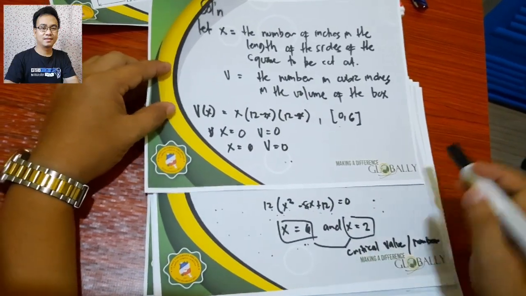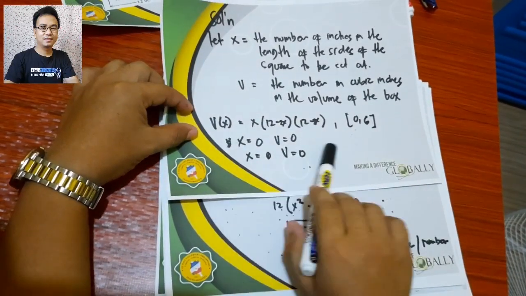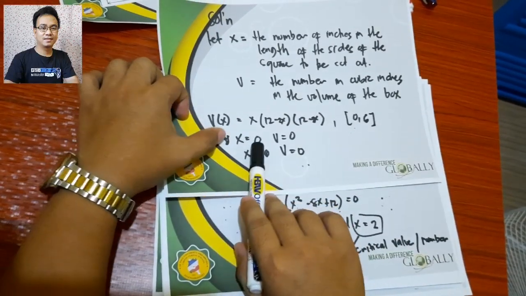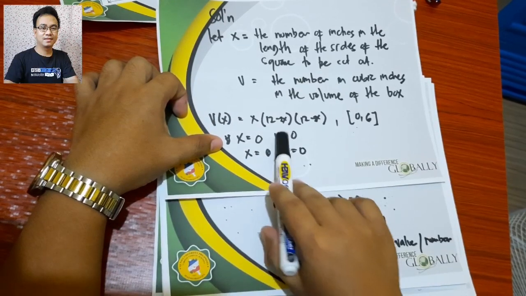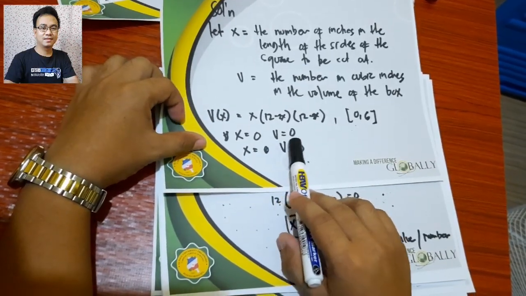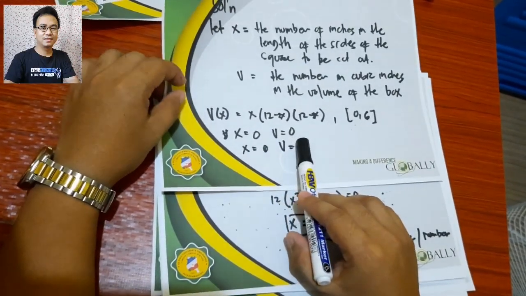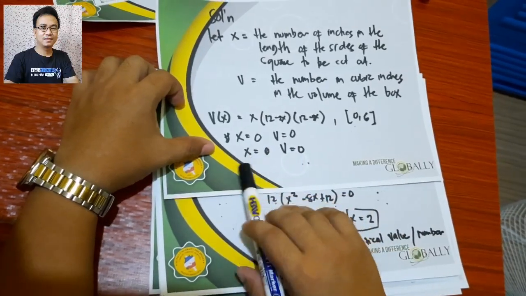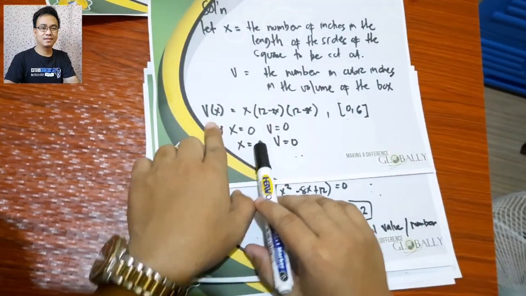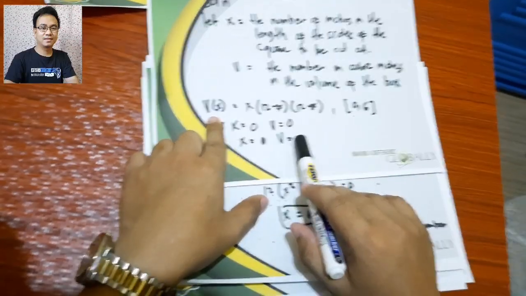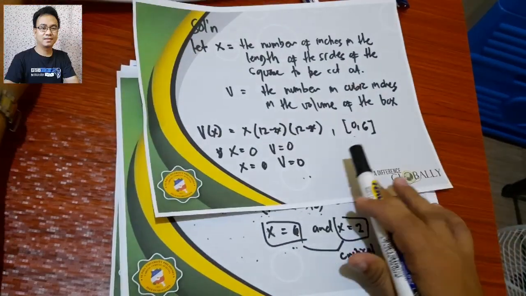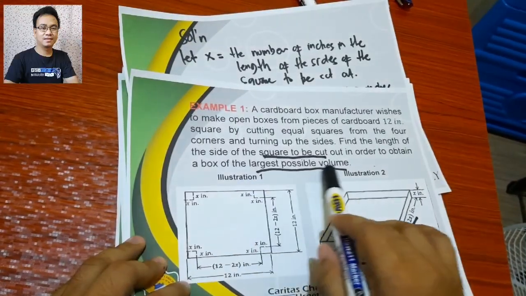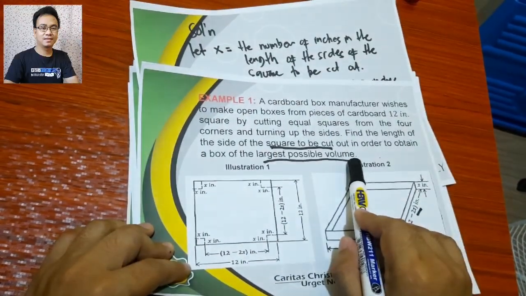Now, if we let x equal to 0, we notice that the value of V is equal to 0. While if we let x to be equal to 6, we notice also that our V is equal to 0. And that's not what we wanted, because we want the largest possible volume.